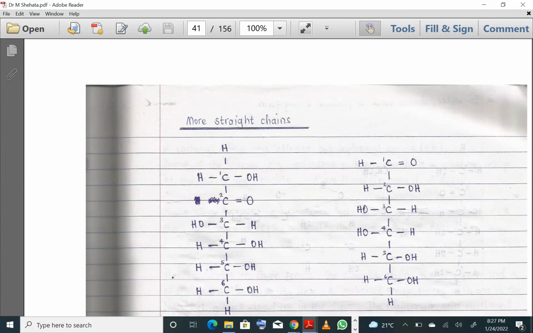Okay. So that's a point, or those are points that on the second carbon, that's where the carbonyl group is.